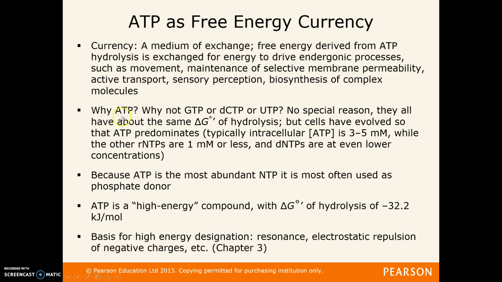So the reason why ATP was picked is it tends to be more abundant in the cell, and as you'll see later, the adenine nucleotide is actually a little bit more difficult to make than CTP or TTP or UTP.